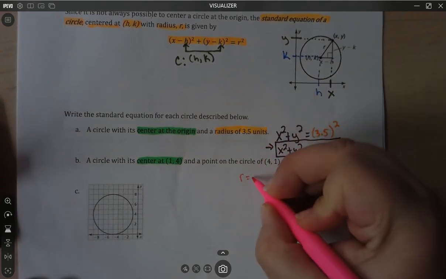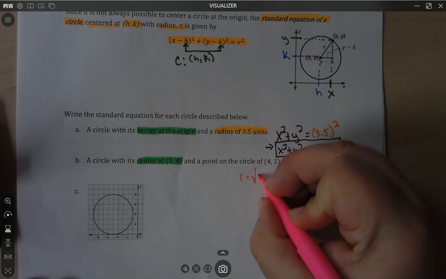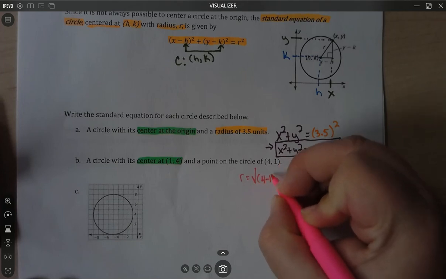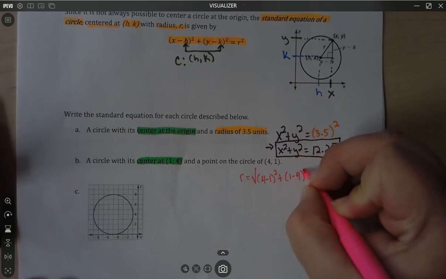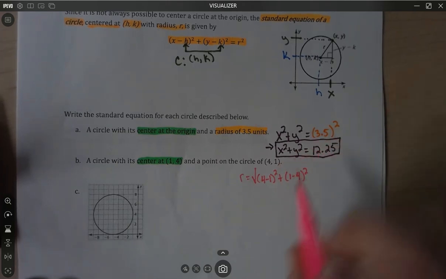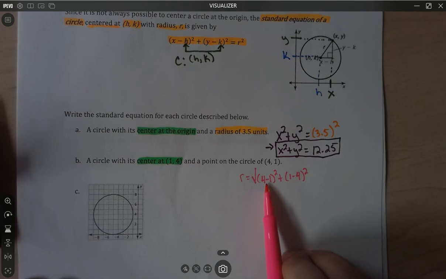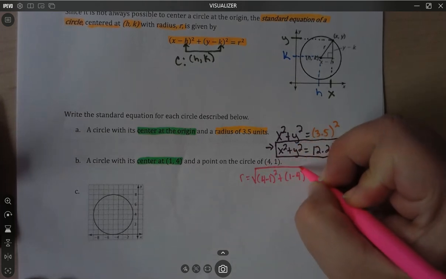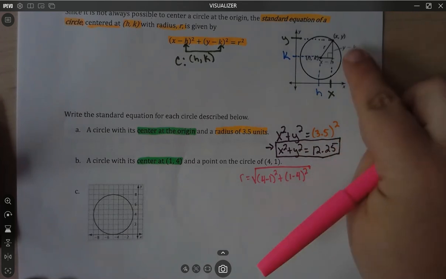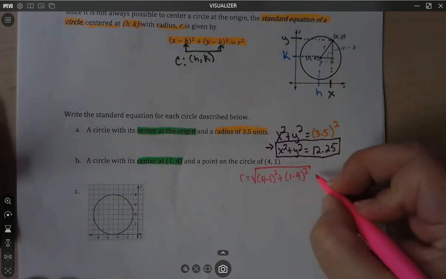So my radius is the distance, or the square root of (4 minus 1) squared plus (1 minus 4) squared. And that's my change in x squared plus my change in y squared. Essentially what I would have up here.